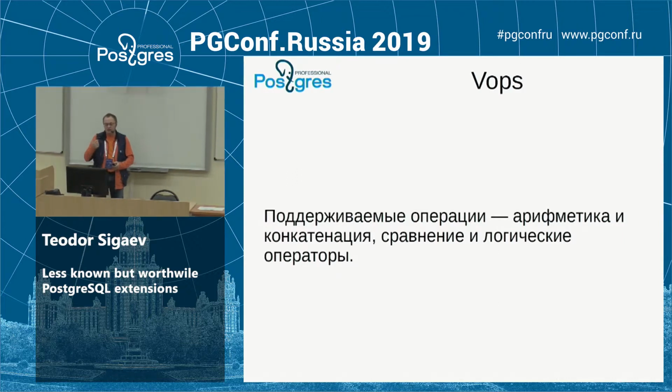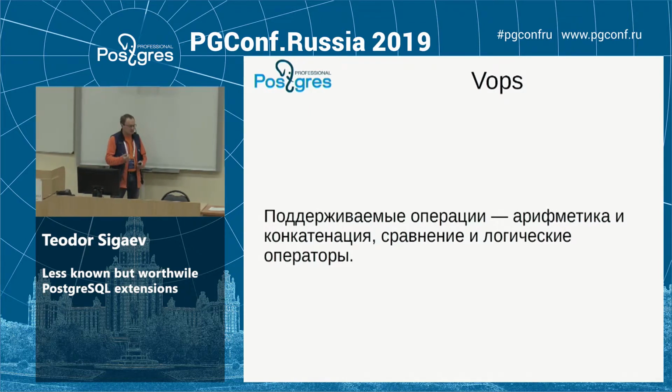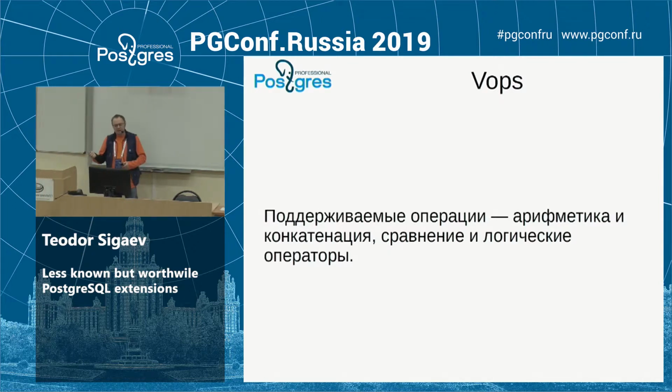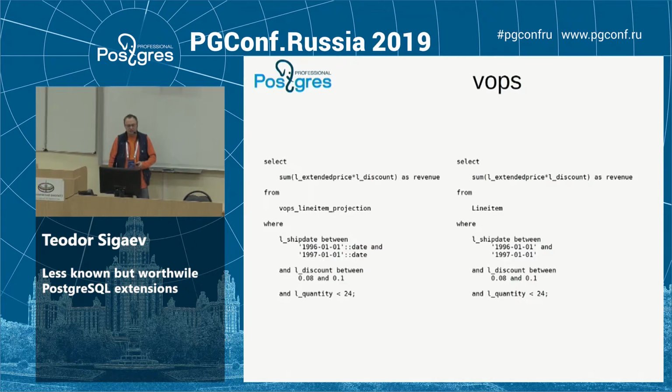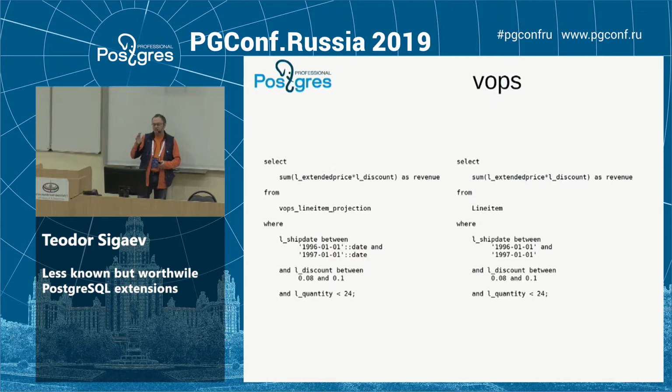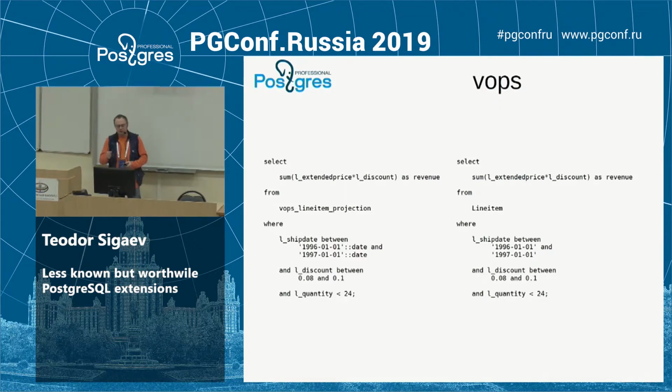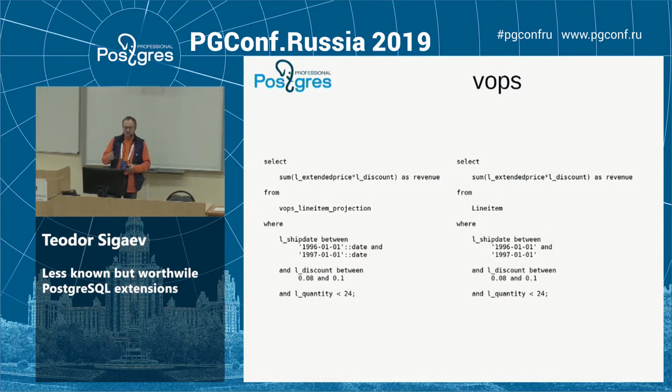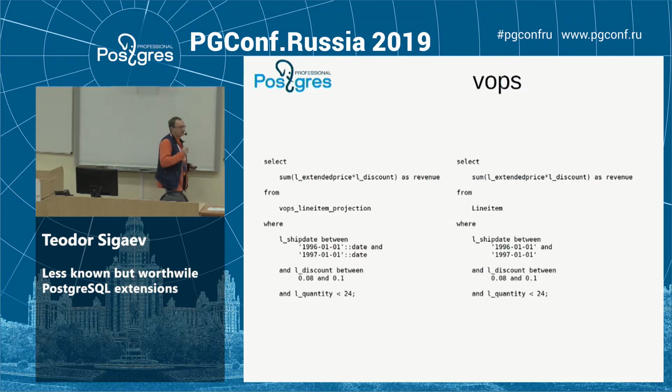VOPS has disadvantages, as it does not support many operations: arithmetic, comparison, and logic operators. This is what you have, two queries, and if you look in more detail, the only thing is an off-run.